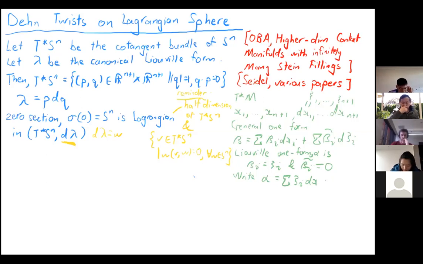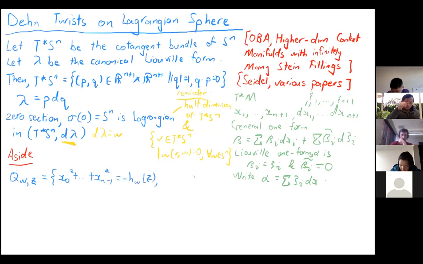Okay, so you might wonder, last time I talked about the fiber from the Milnor fiber. If you look at the fiber, say z1 squared plus dot dot dot plus zn minus 1 squared equals some constant.